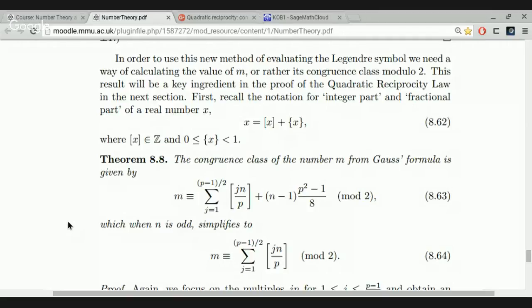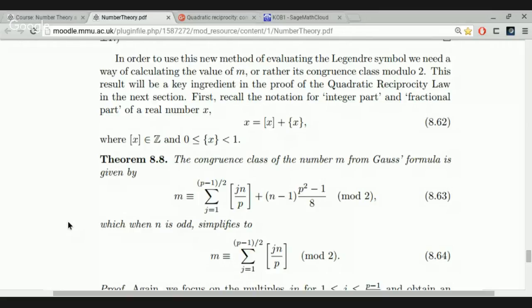Curly brackets are most often used for set notation, a set of elements with the elements inside the curly brackets. However, this is new notational meaning for square brackets and curly brackets, specific to this context of number theory. So square brackets denote what's called the floor of a real number. The floor of a real number x is the largest integer that's less than x.